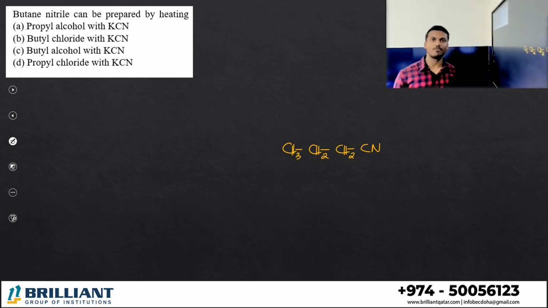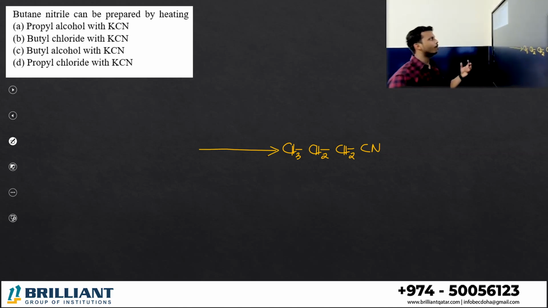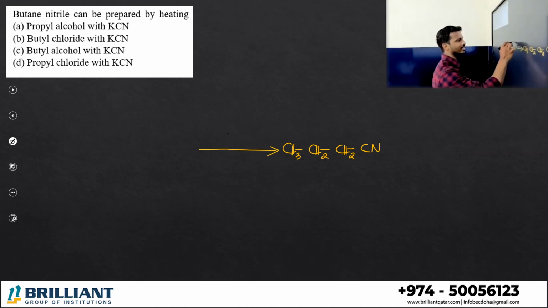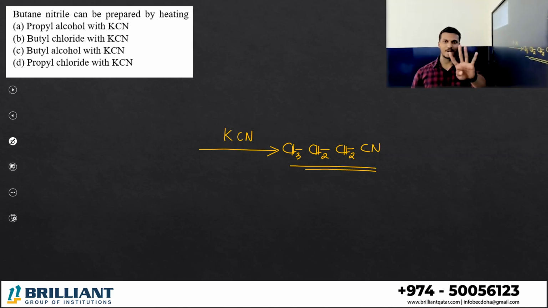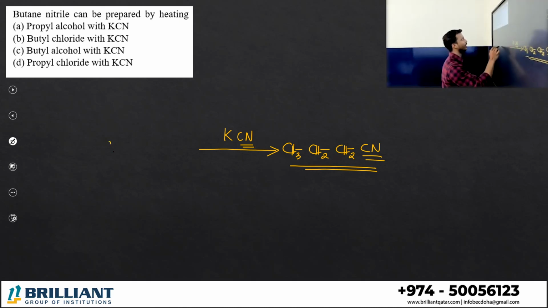This compound you have to prepare. To get this cyanide, what compound do you have to treat with the KCN? As I told you, this compound contains 4 carbons, butane nitrile. So cyanide you are already getting from CN. So how many carbons are left? 3 carbons. Right. So it should be CH3, CH2, CH2.